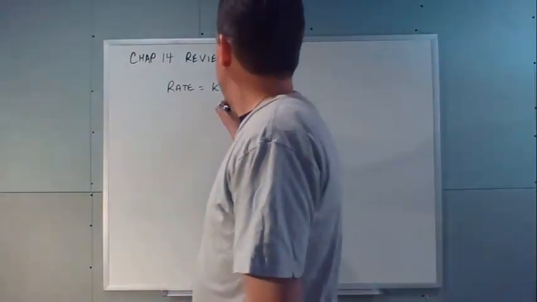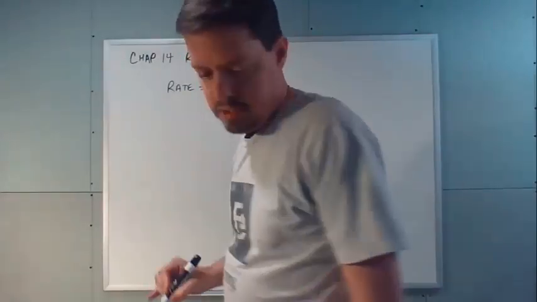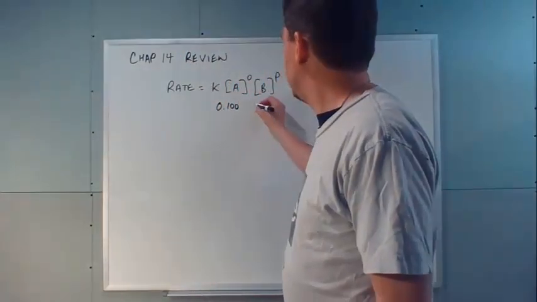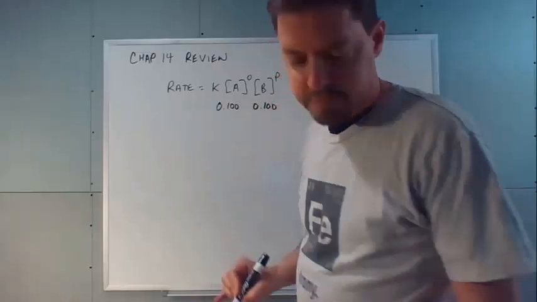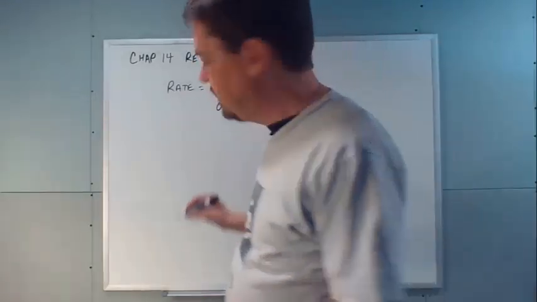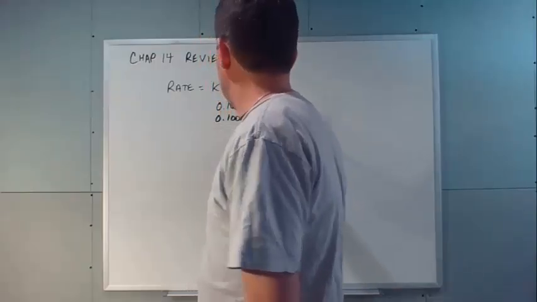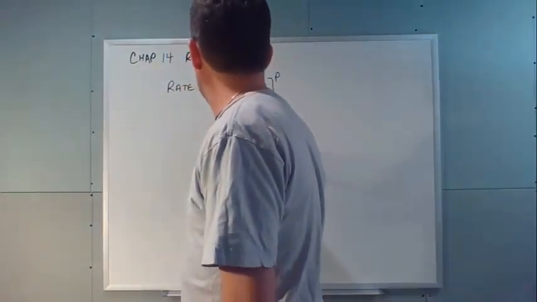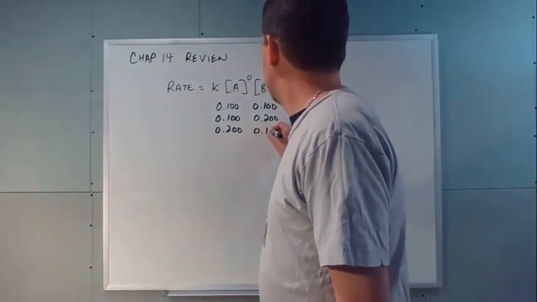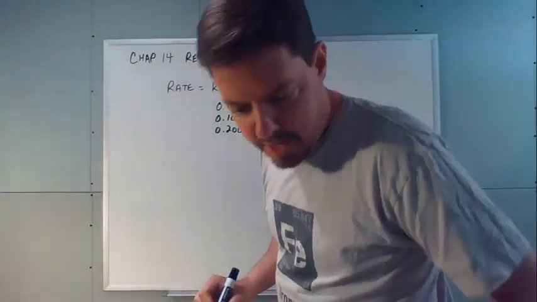In one, A is 0.100, B is also 0.100, and in the next reaction, A is 0.100 and B is 0.200, and in the next one, A is 0.200 and B is 0.100. And then they give you the rate for those.